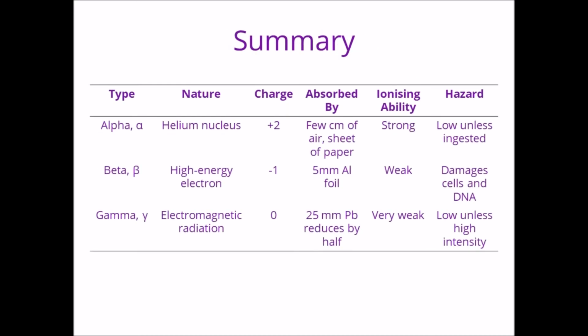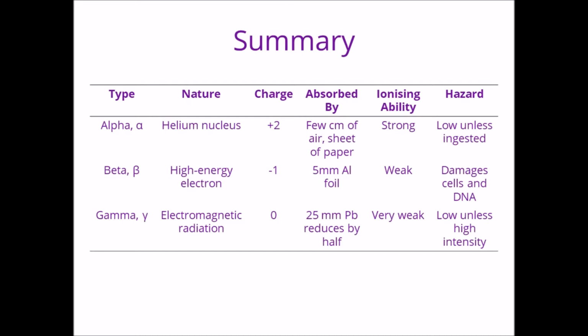So on this slide, we've got a nice little summary of what we've learned so far. So we have our three types of radiation, alpha, beta and gamma, and what their structure is. So an alpha particle is a helium nucleus, beta particle a high energy electron, and a gamma ray is an example of electromagnetic radiation. Their charges, well, an alpha particle has 2 protons, 2 neutrons, so it's got a charge of +2.